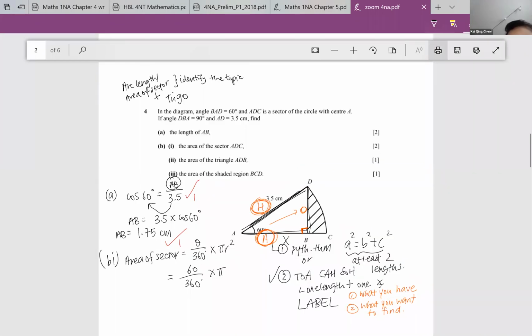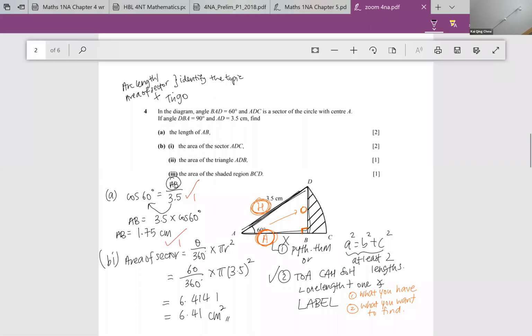Okay, so 3.5 square. Okay, thank you, Afika. So let's key in the whole thing into our calculator. 60 divided by 360 times pi r squared. I should get 6.4141. 3SF, 6.41 cm squared.